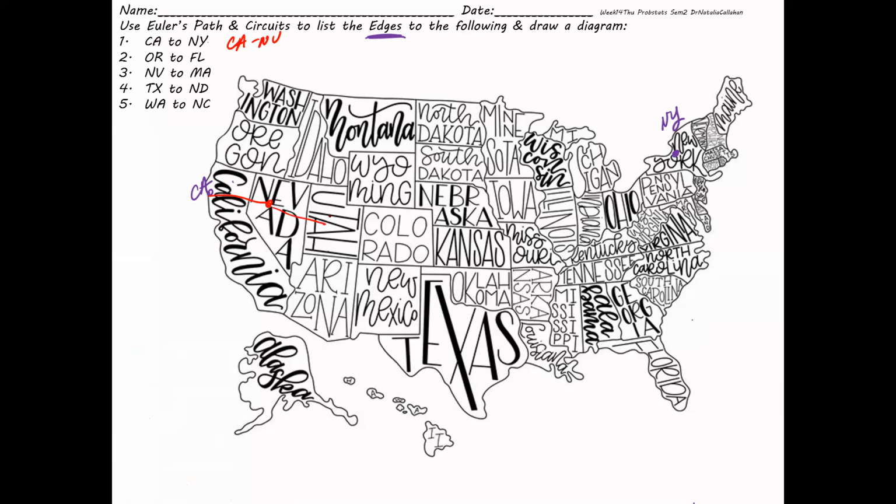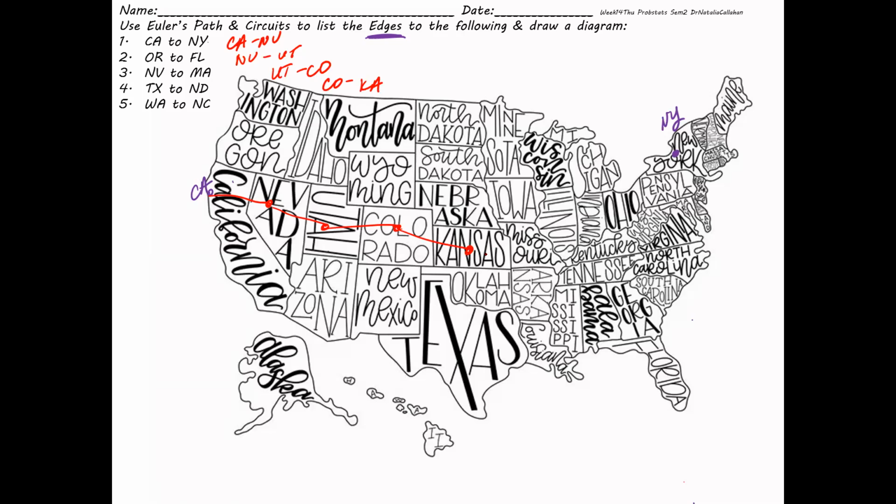From Nevada, I can go to Utah. From Utah, I can go to Colorado. Colorado, I can go to Kansas. From Kansas, I can go to Arkansas.